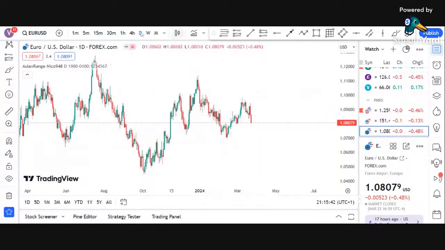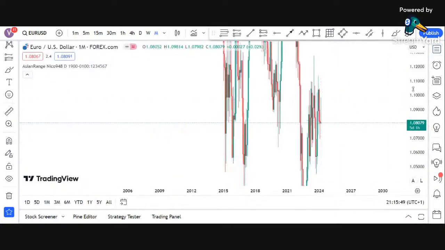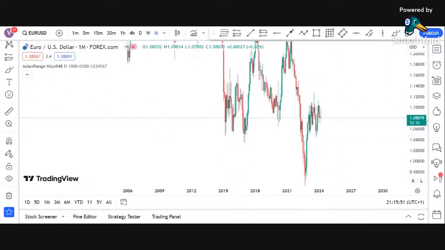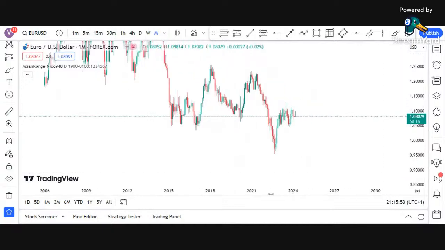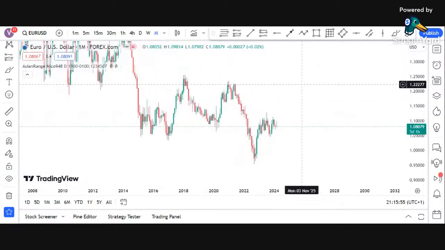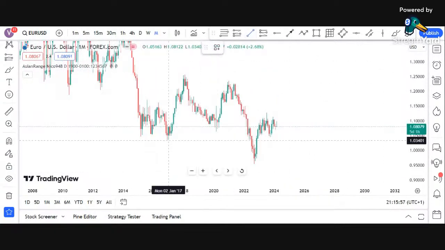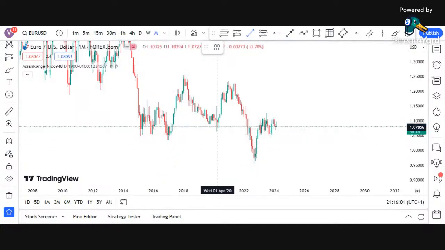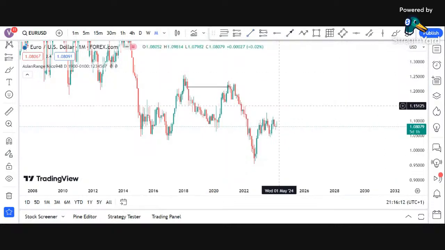All right. So first of all, let's go to the monthly time frame to see what EURUSD is doing. Although we will not trade it, most of the time what GBPUSD is doing, that's what EURUSD will be doing. We don't want to take much time on this because this is not one of our major pairs. We just trade GBPUSD and sometimes gold.